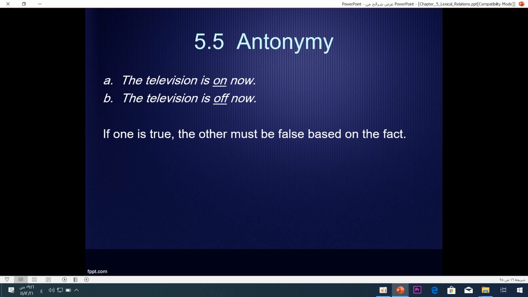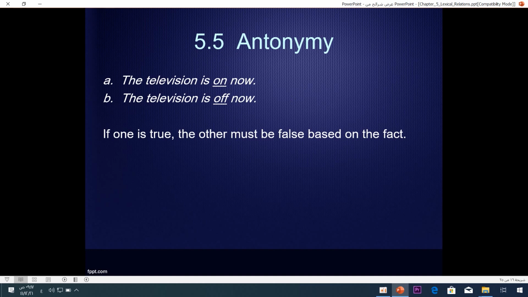The television is on now. The television is off now. Another example: Sammy is present today and Yasser is absent today. So present and absent are antonyms because they have opposite meanings.